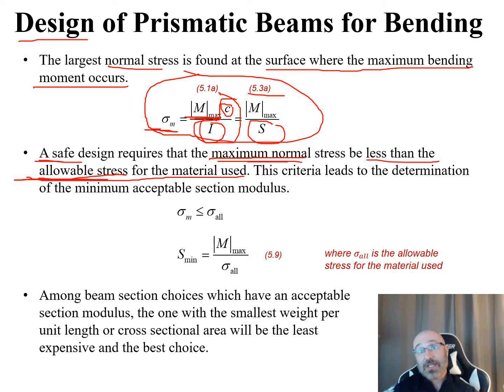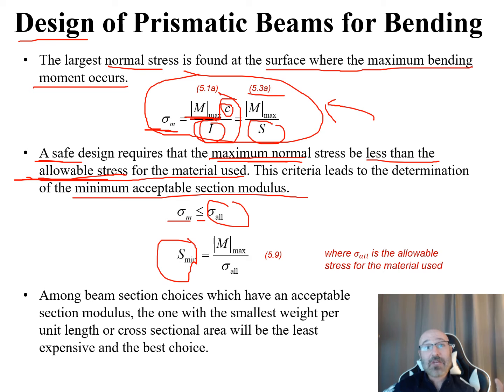This criteria can lead to the determination of the minimum acceptable section modulus. So we can back that out from these equations. If sigma max needs to be less than or equal to sigma all, then our S min is equal to the absolute value of our max moment divided by sigma all. This relates back to equation 5.9 in your textbook.